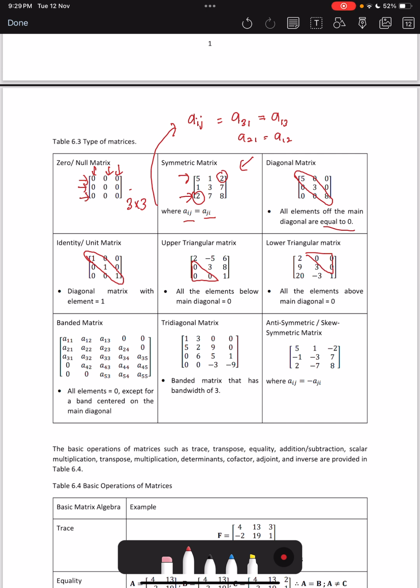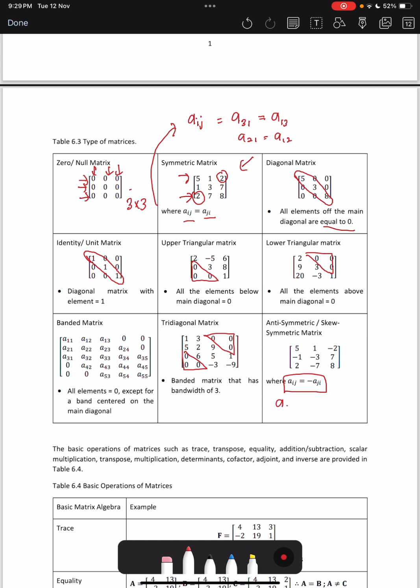Okay, and the tridiagonal matrix, meaning that we have 0 here at the bottom and also at the top part. The skew symmetric or anti-symmetric matrix, meaning that for the element Aij, if it were symmetric, Aij would be equivalent to Aji, but here Aij is equivalent to negative Aji.